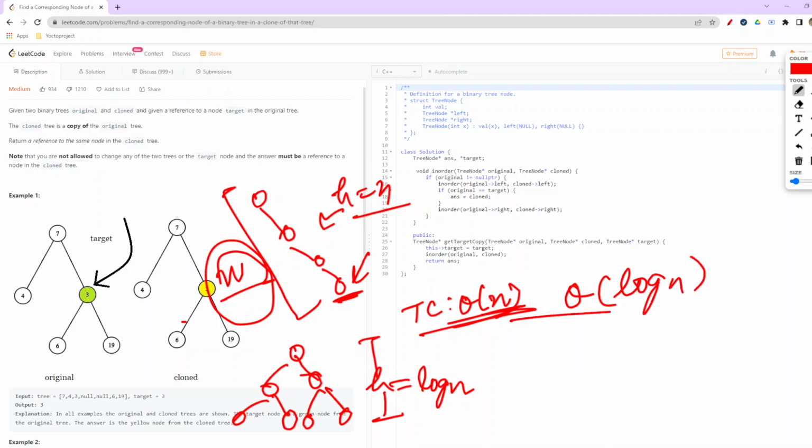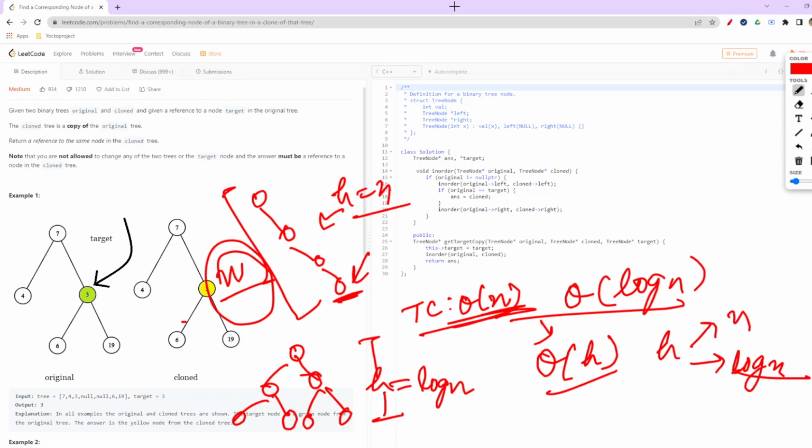So basically this is determined according to the height, that is, our height could be n or our height could be log n. According to that, the time complexity would be determined, and the space complexity would again be according to the maximum number of nodes which could reside in our queue or recursive stack. So again, it would be order of n, or it could even be order of log n.